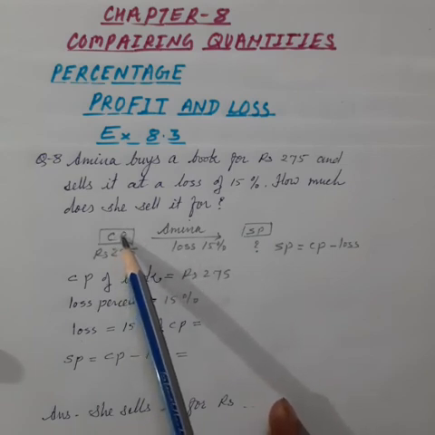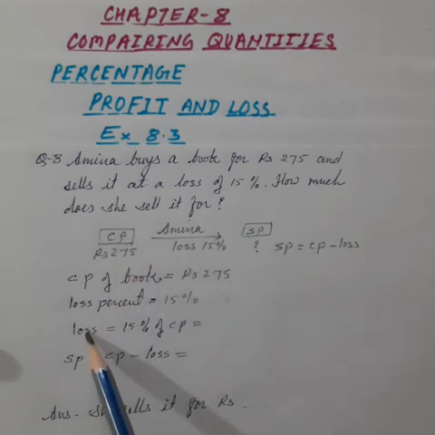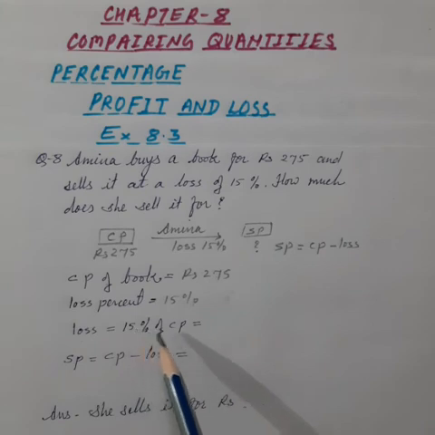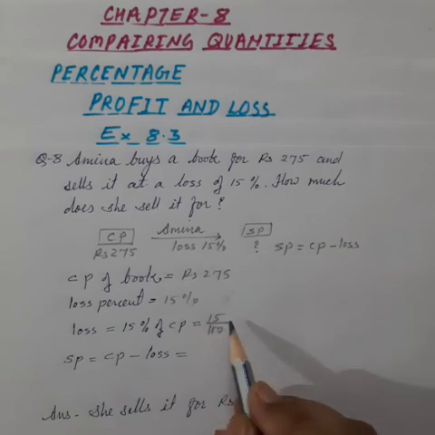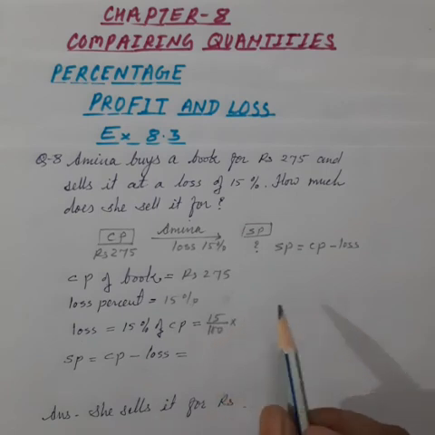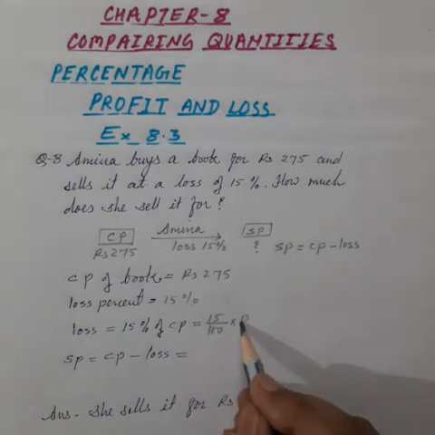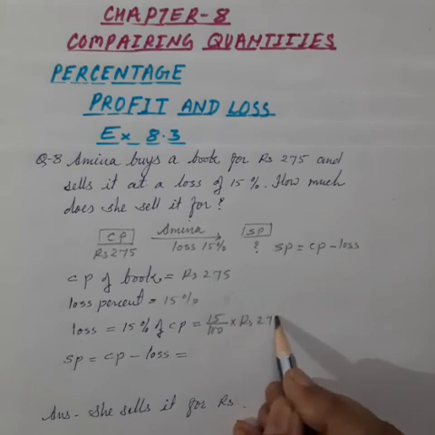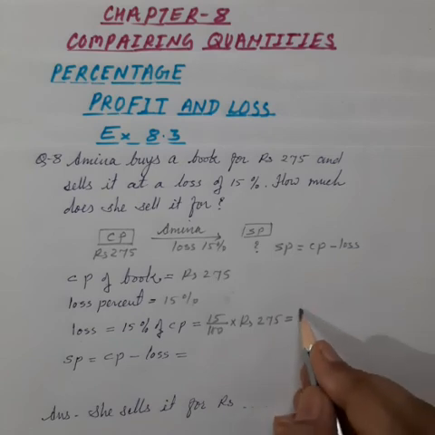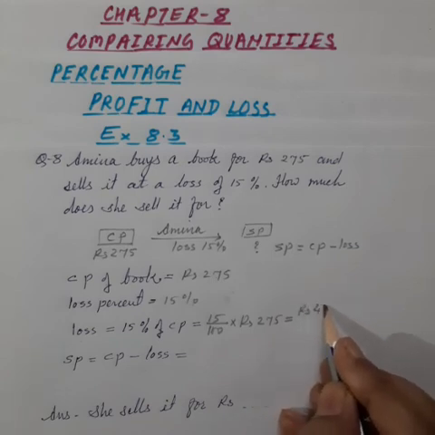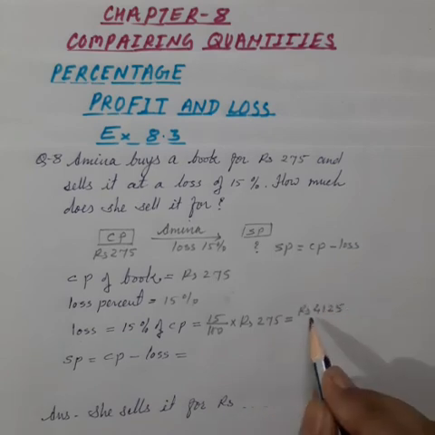Cost price is given, so we can find out the loss. Loss is 15% of cost price. 15 for percent, write 100 in the denominator, of means into, and cost price is rupees 275. Multiply the numerators, we will get here rupees 4125 divided by 100.